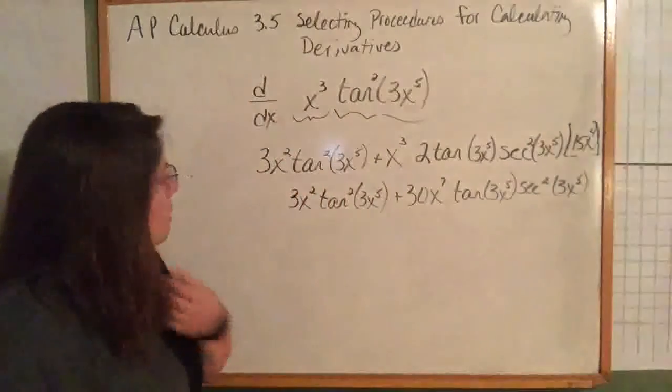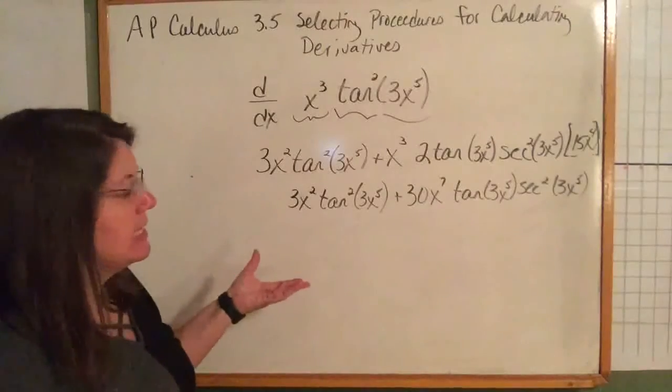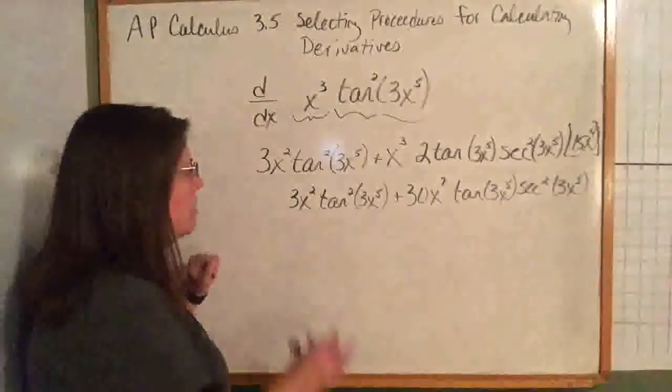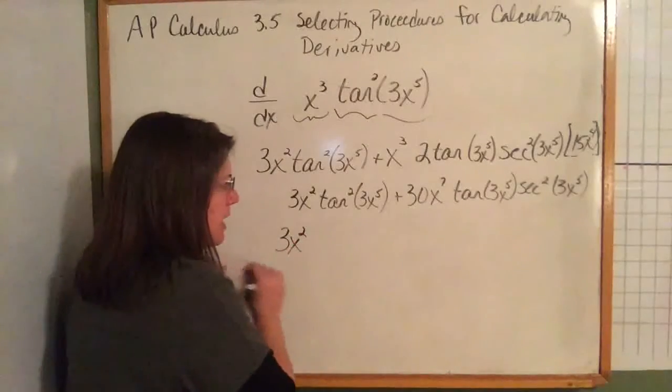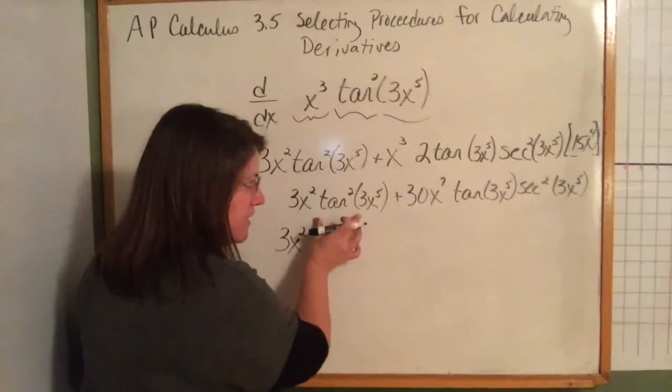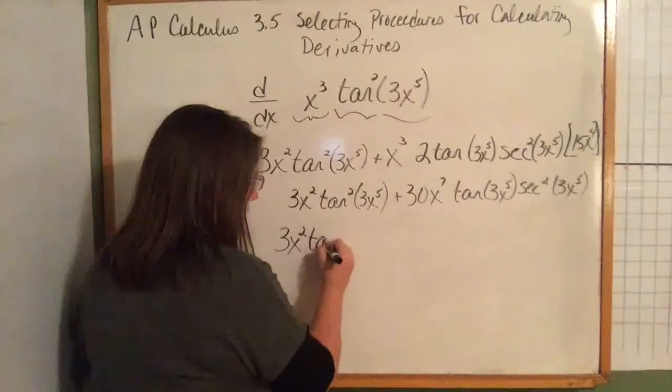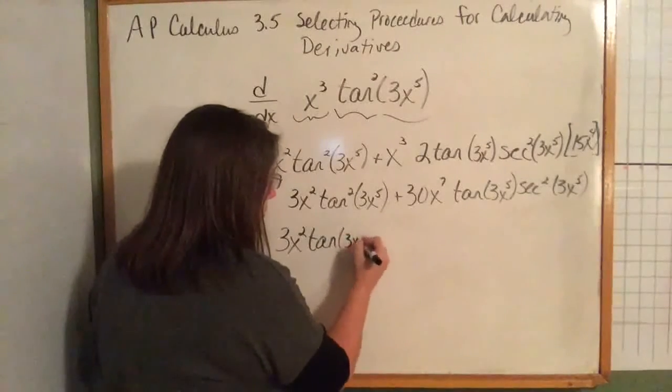And then we could take out anything that they have in common. So notice here this 3x squared is common to both terms, and one of the tangents is common to both terms.